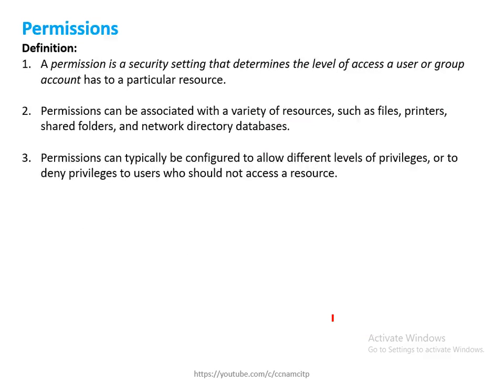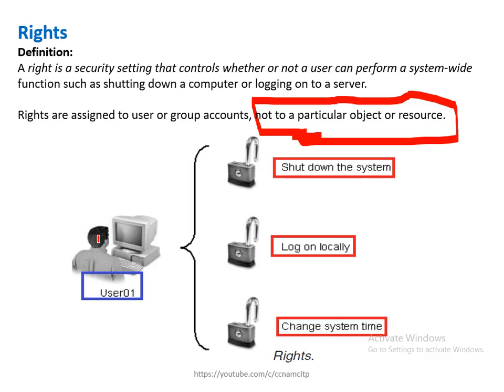Now let me take you through permissions. What does it mean? Permission is a security setting that determines the level of access a user or group account has to a particular resource. So we can assign permission to a particular resource or folders, but in terms of rights we cannot assign rights to an object or resources.